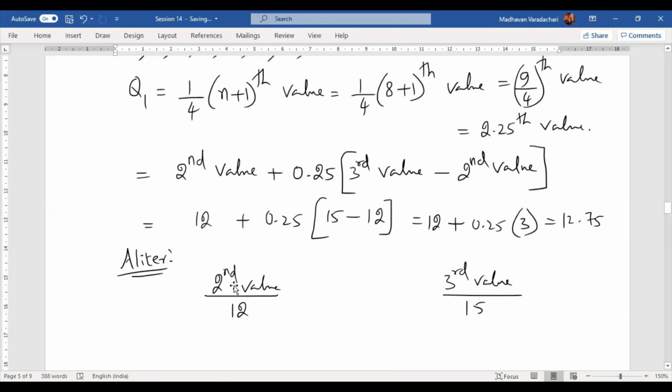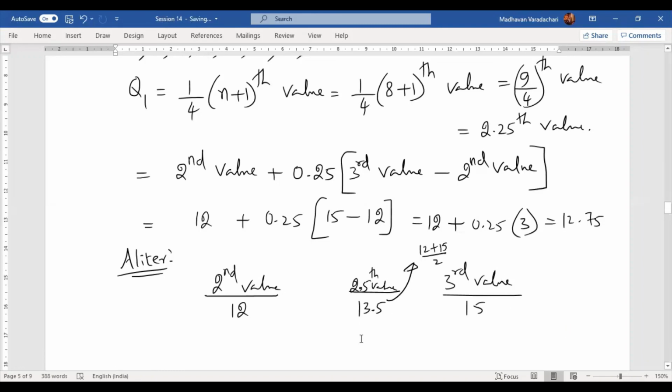So one thing is clear: the center of these two is the 2.5th value. Let me write the 2.5th value. What is that? It is the average of 12 and 15. If I add those two, I get 27, and if I divide by 2, I get 13.5. This is nothing but (12 plus 15) by 2, the average of 12 and 15.